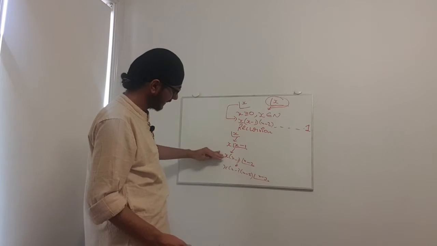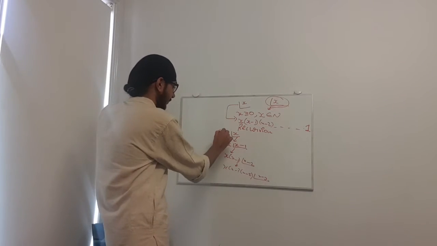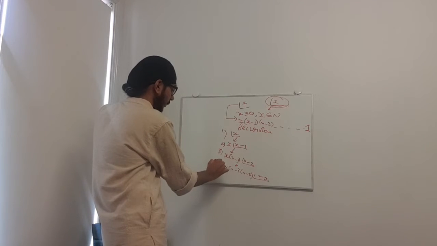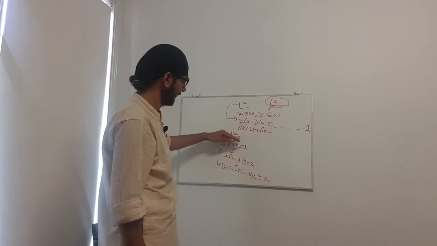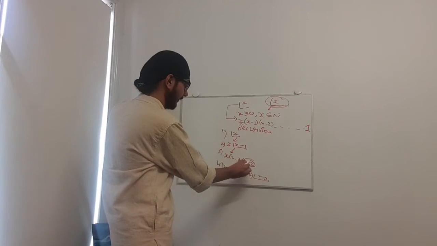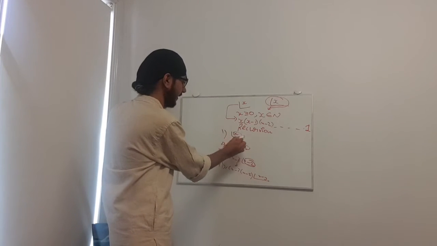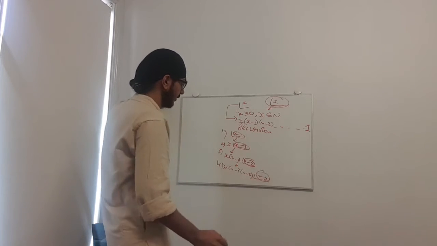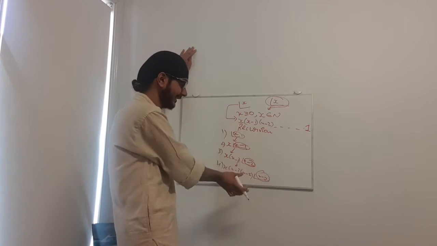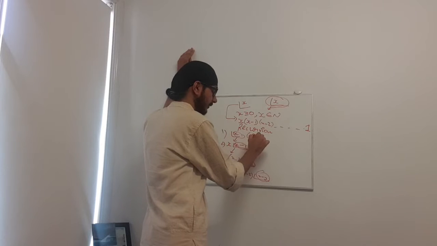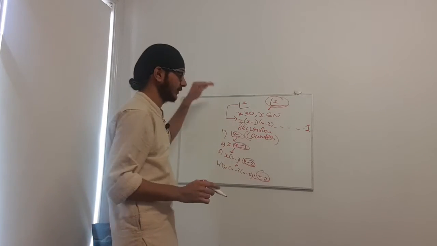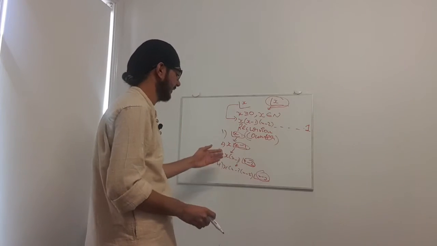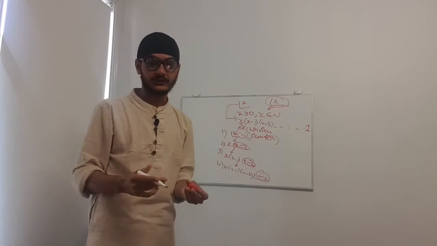In this way we can see that at each step, first, second, third, fourth, we have some factorial, and we are decreasing this value by 1 at each step. So we can clearly see that there is some counter which is controlling the factorial function. That's how we realize that we can do this by using the recursion algorithm.